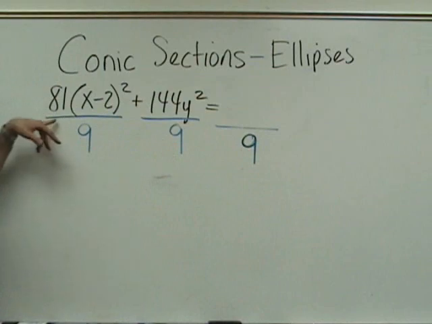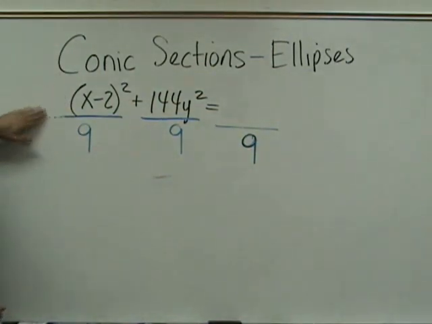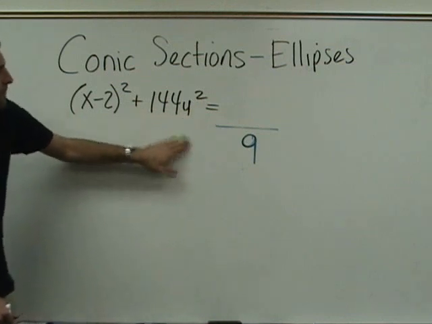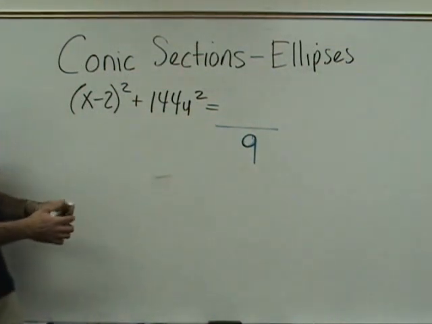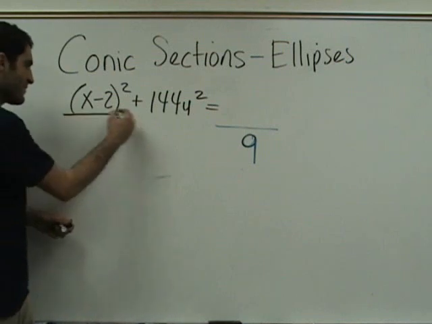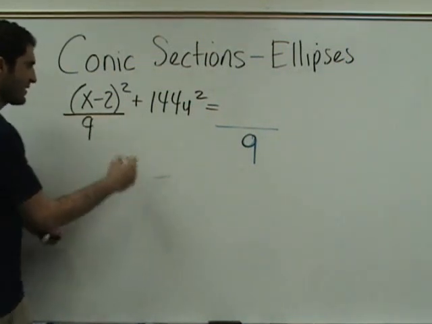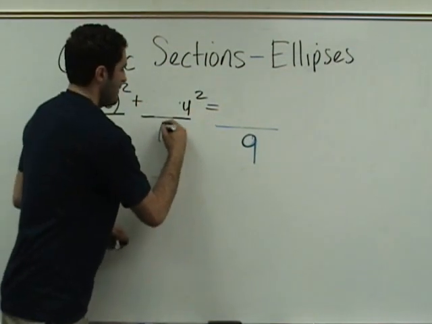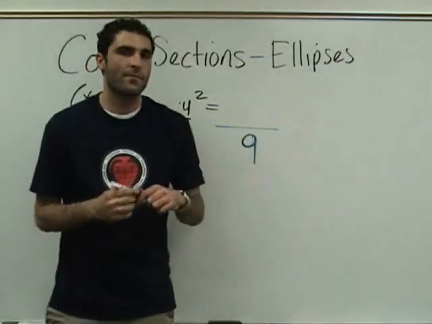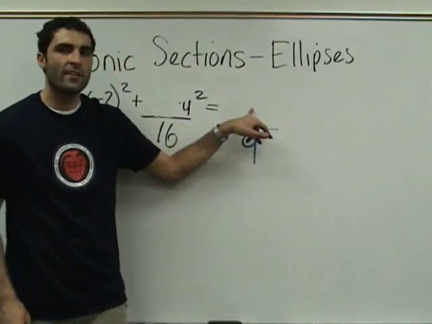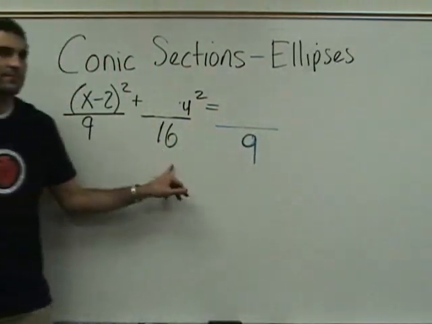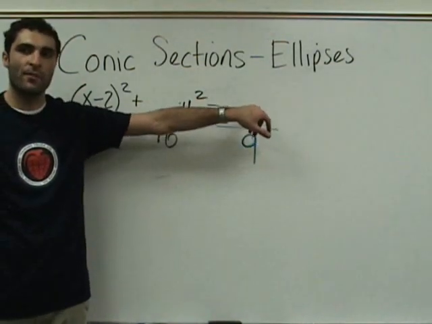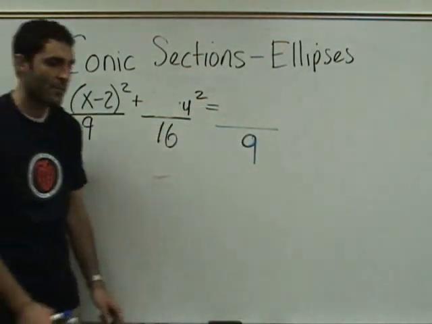And then you're going to end up with what we needed before, with fractions on the bottom. This is 9 and this was 16. In one sentence: you need to end up with 1 over here and fractions over here. That's accomplished by dividing both sides by whatever number's over here. That'll come up.